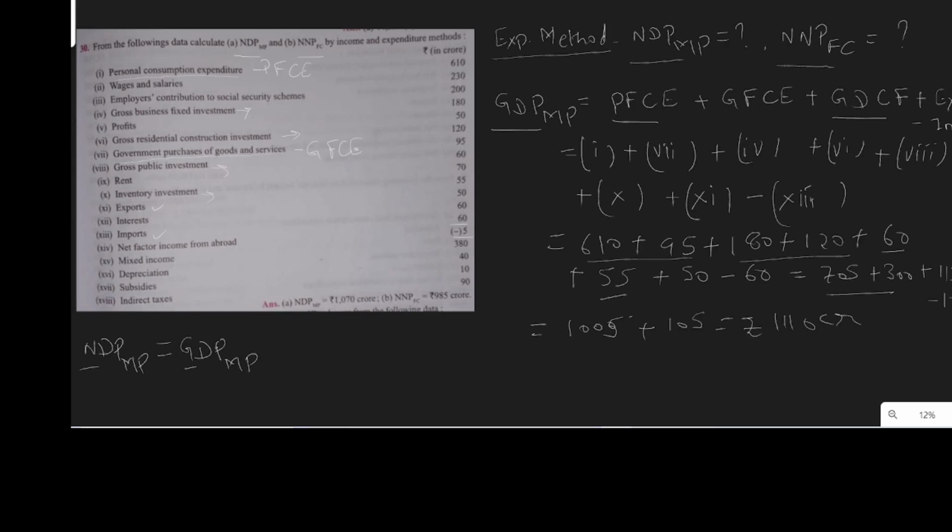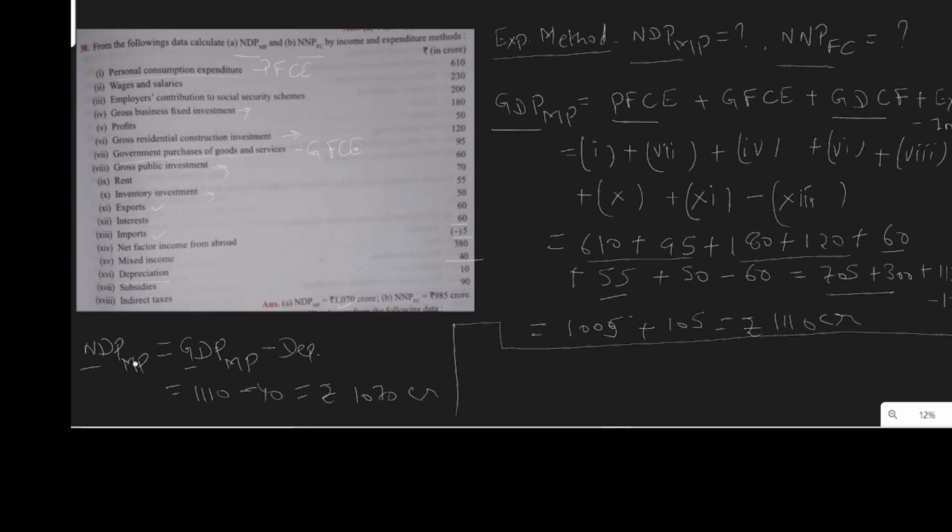Now, gross to net. Gross includes depreciation, net doesn't include. So, minus depreciation. Am I given depreciation? Yes, I am given. Minus that. GDP MP is 1110, depreciation is 40. That is equal to rupees 1070 crores.